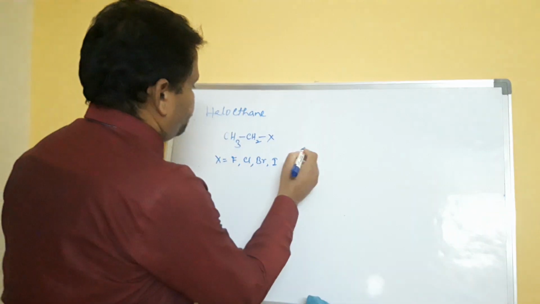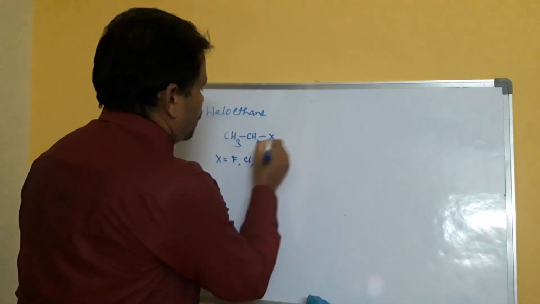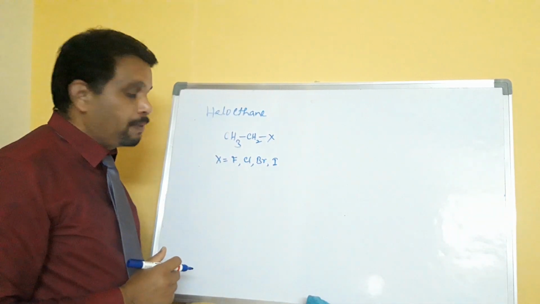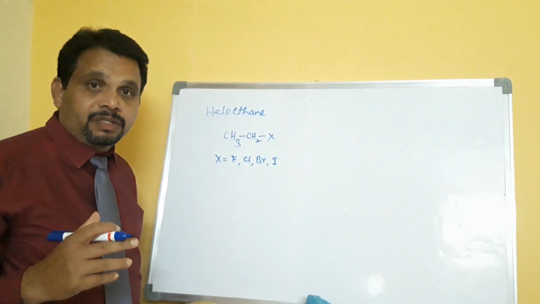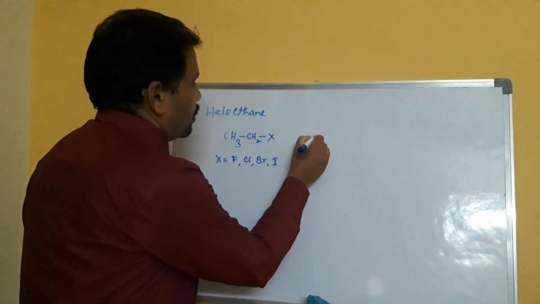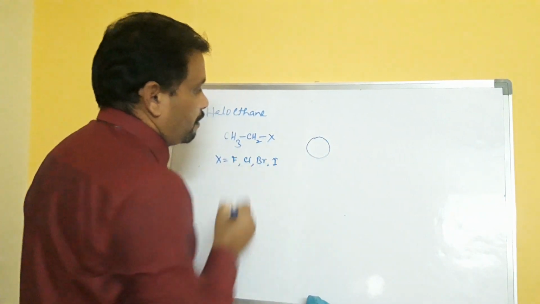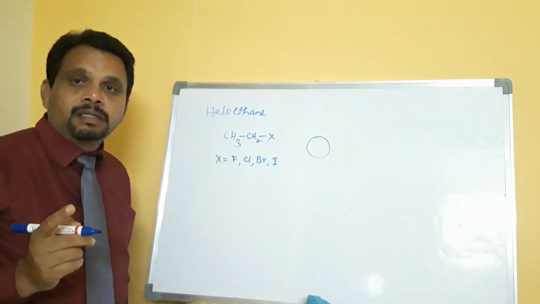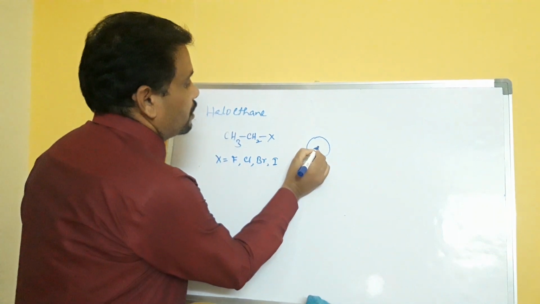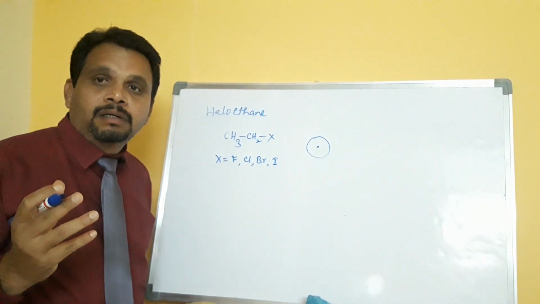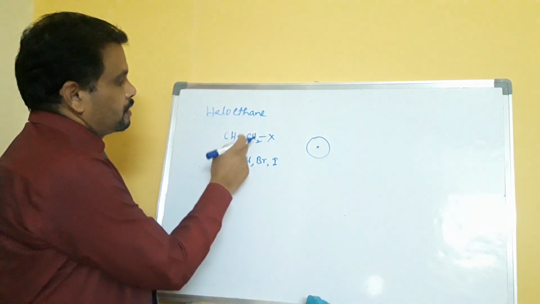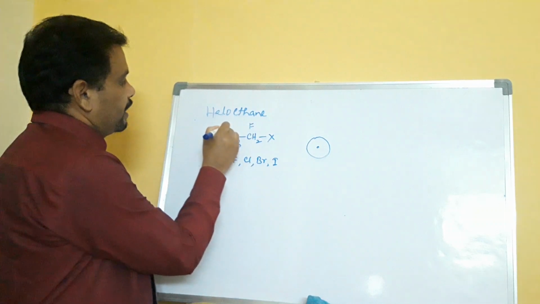To express this, the Newman representation is the best way to represent them, so that you can understand very well. According to the Newman representation, the circle indicates the rear or back carbon, and the dot represents the front carbon. Suppose this is the front carbon and this is the rear carbon.